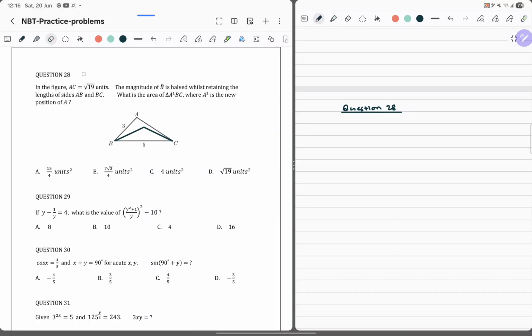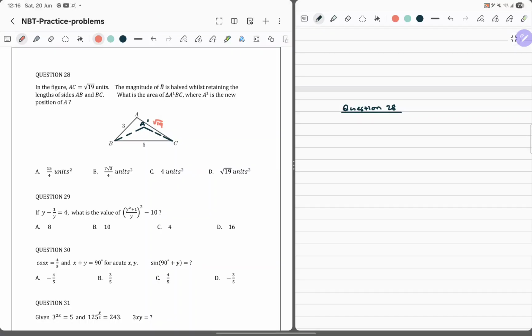It changes to this. Right, so this becomes the A1. Right, so that is what we get. And here we still have our original square root 19.